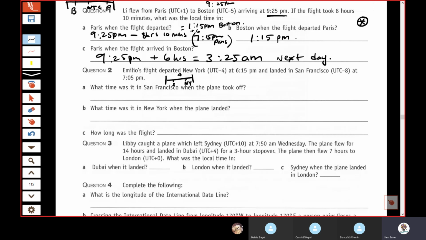So what time was it in San Fran when the plane took off from New York? Well, San Fran is 4 hours behind New York, so it'll just be 6:15 p.m. minus 4 hours. So it was 2:15 p.m. San Fran time when the plane took off.